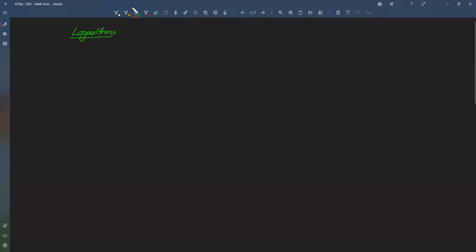Again, in mathematics, you will have one big portion or topic, logarithm, but here we don't need that. We need only some basic results of logarithm. So today I'll just introduce what is logarithm. In the next class on Saturday, we will see this logarithm in detail.